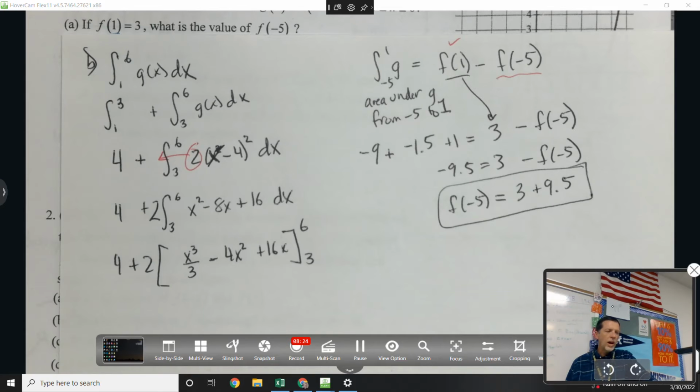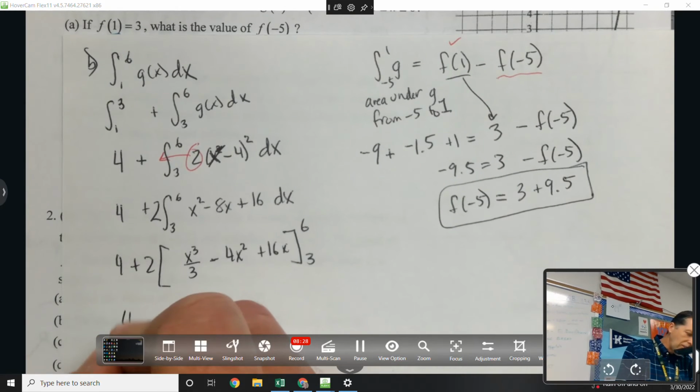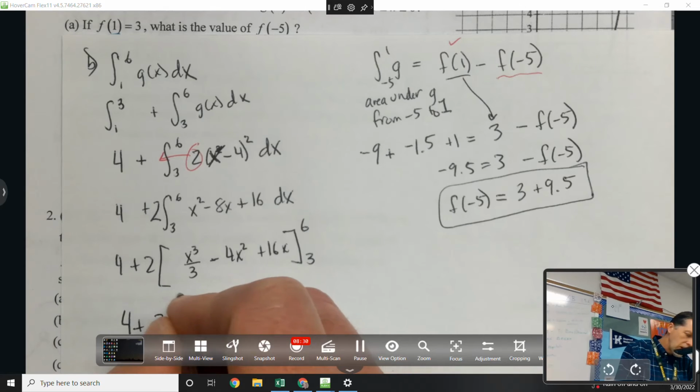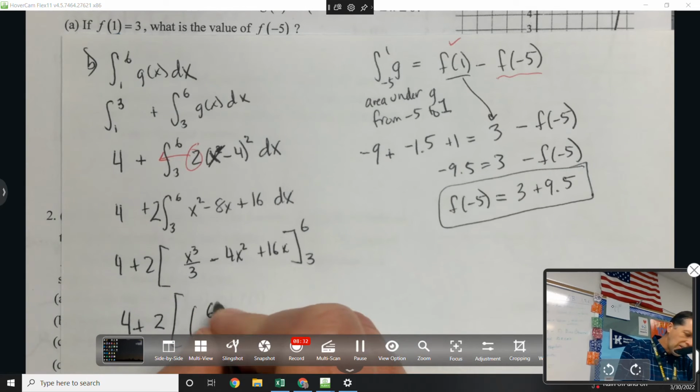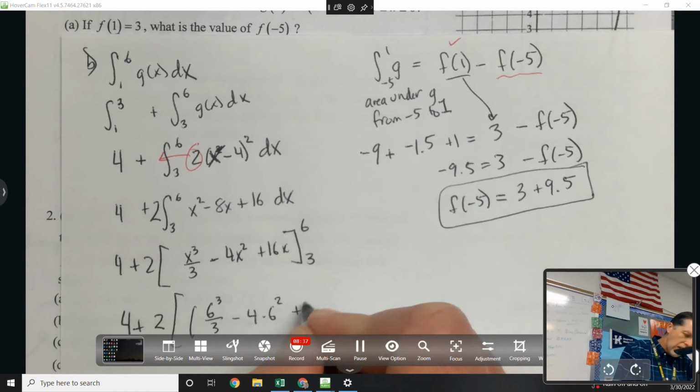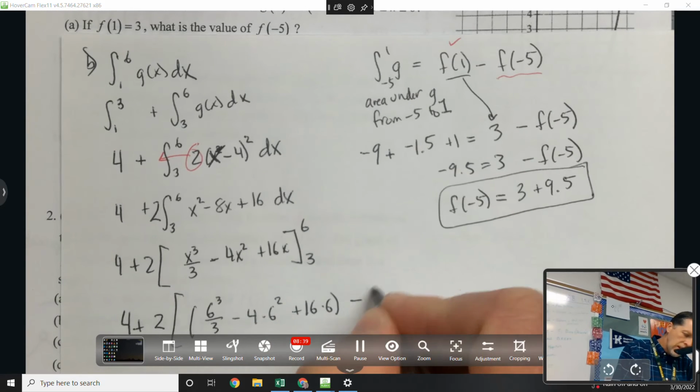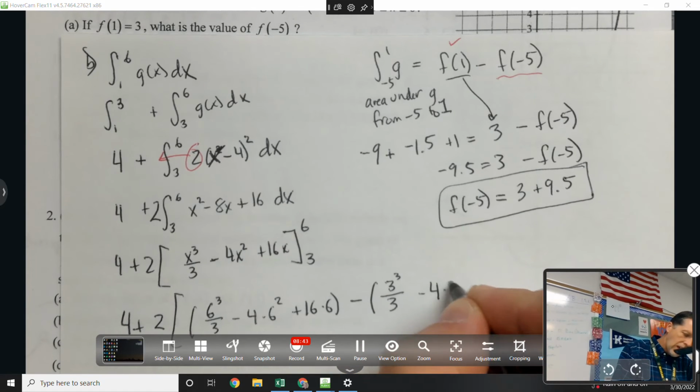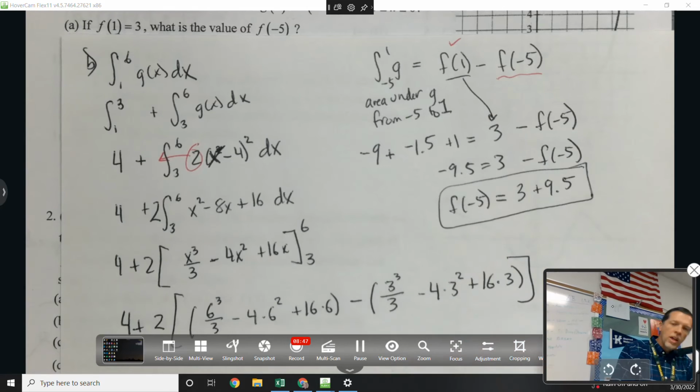This was on the no calculator form, but we have a safe stop, so I'm going to plug in 6. And then plug in 3. And call it a day.